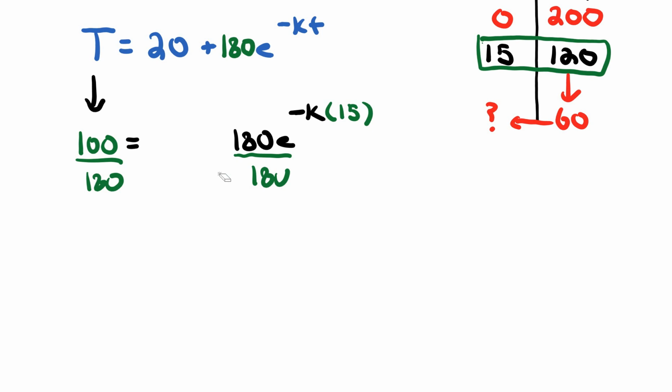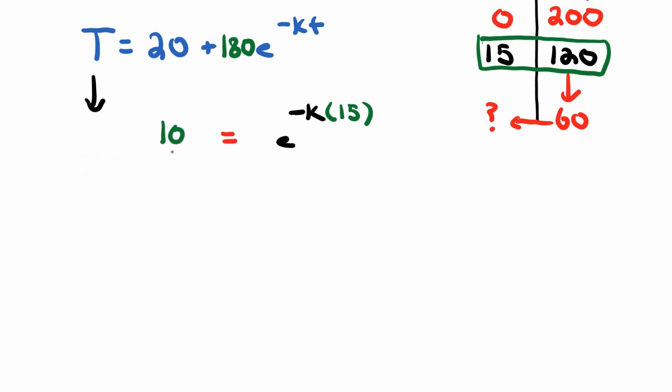Basically, if I just move this around, this and this can cancel, so I'm going to erase that. I'm going to put an equal sign over here, and I'm going to move this over as 100 over 180. Then after that, I can ln both sides.